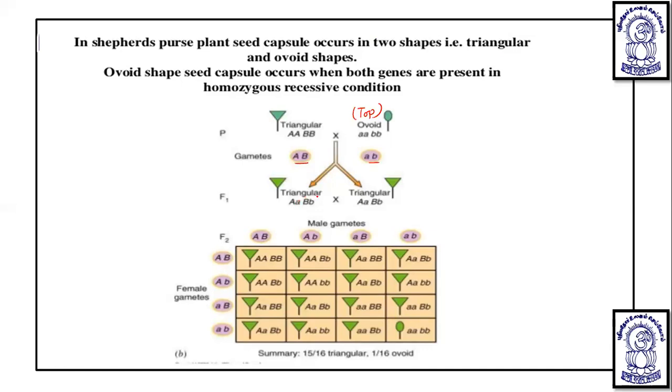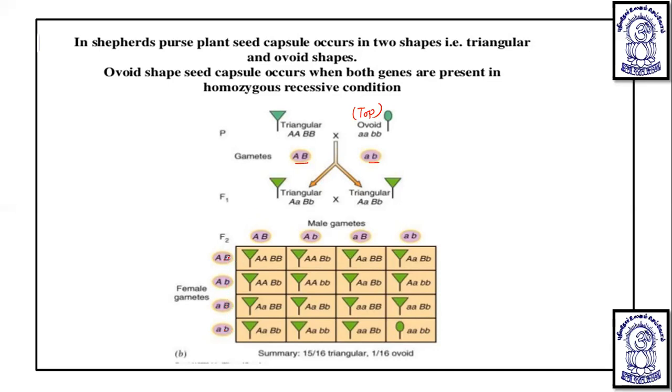Now, when we make a selfing of capital A, small a, capital B, small b, which has capital A and capital B in dominant form, the triangular shape is obtained. If we make a selfing of this capital A, small a, capital B, small b triangular with capital A, small a, capital B, small b triangular, then the F2 generation will be obtained like this. If we take the male gametes of this plant, they are capital A, capital B, capital A, small b, small a, capital B, small b, and the gametes of the other plant are also capital A, capital B, capital A, small b, small a, capital B, and small b.